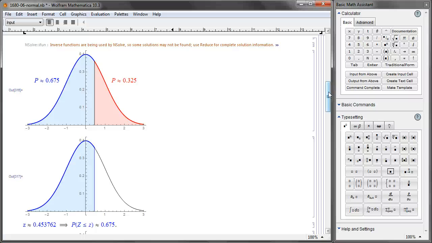All the shading in this normal table is given to the left-hand side. So you have to get the complement probability, about 0.675, the blue one, and then look it up from the normal table.